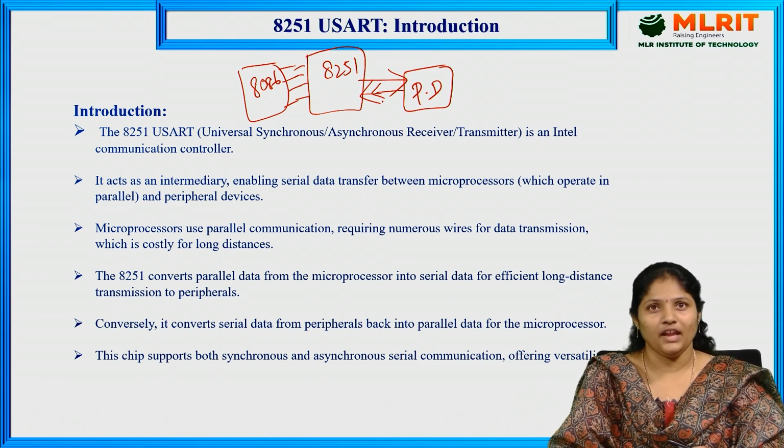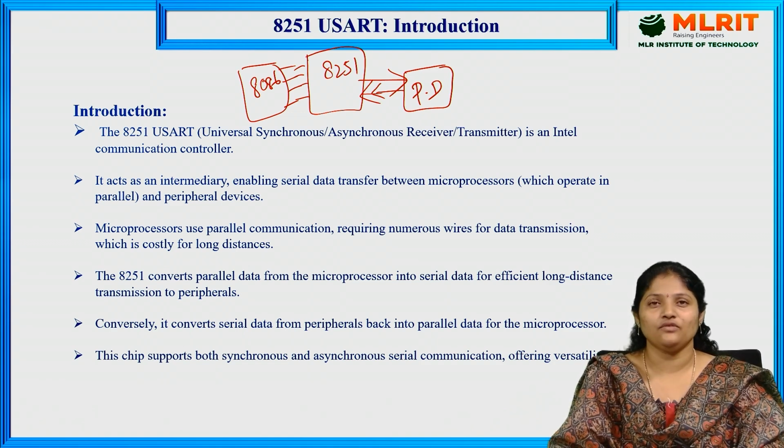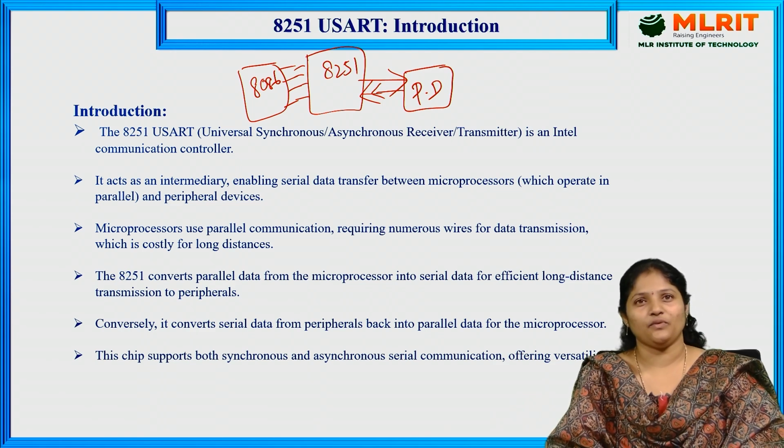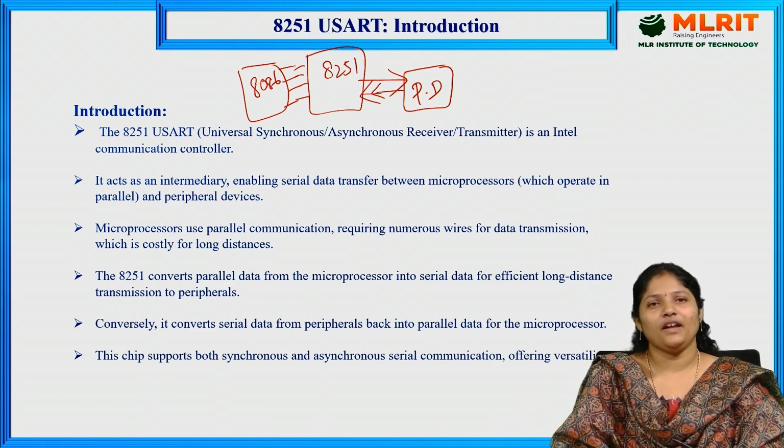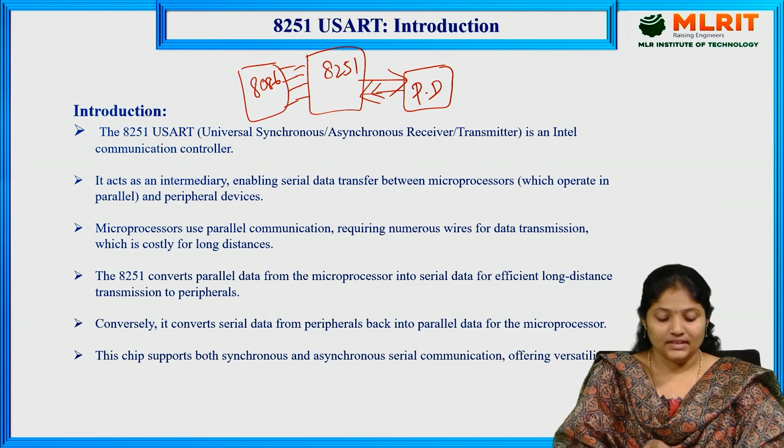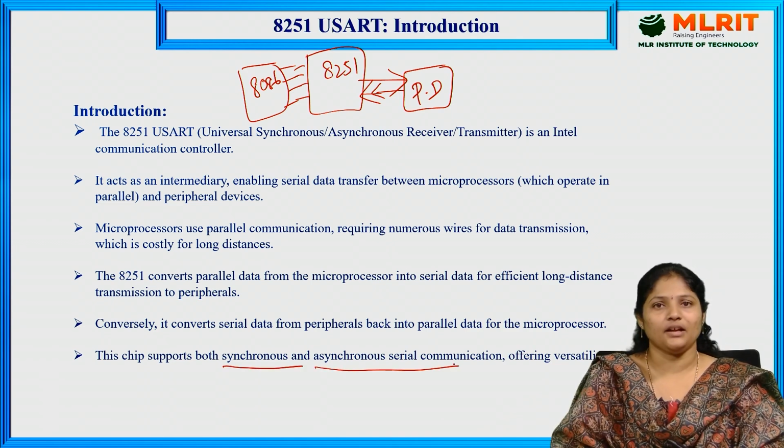That's why we need 8251 USART to communicate between 8086 and other peripheral devices. And 8251 can support both synchronous communication and asynchronous communication.